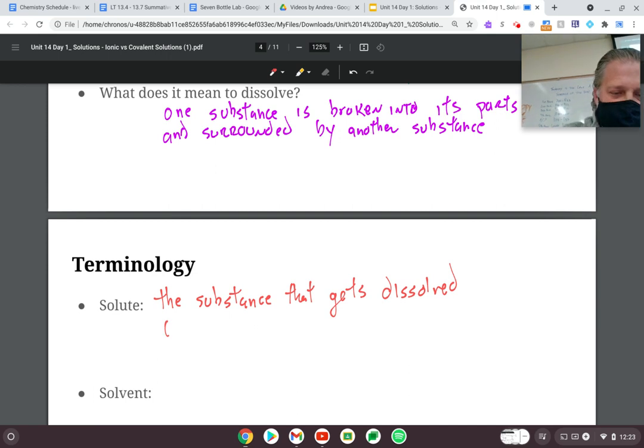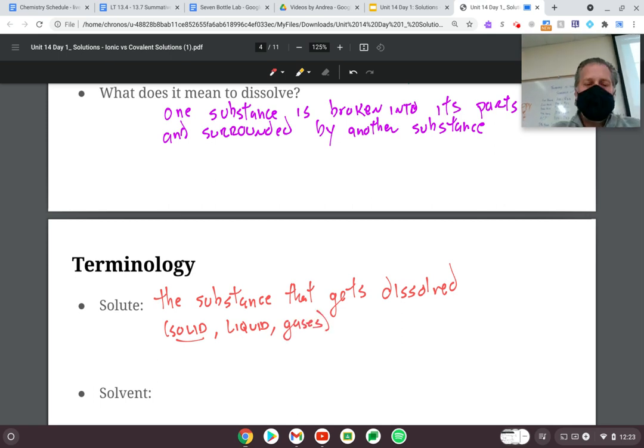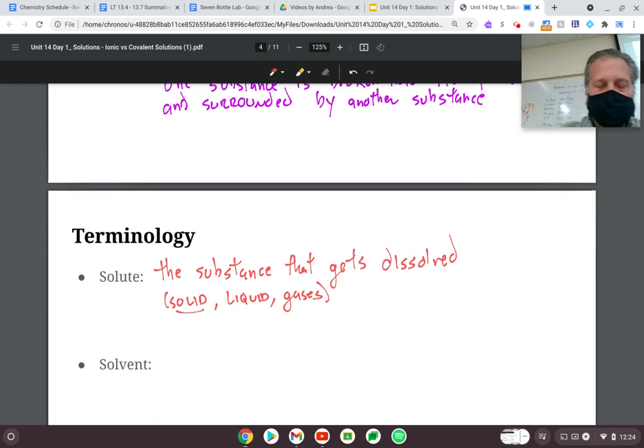But solutes can be solid, and in this class they're mostly going to be solid, but they can also be liquid, and they can also be gases. So we're going to really focus on the solid solutes. Solutes are usually found in smaller amounts.